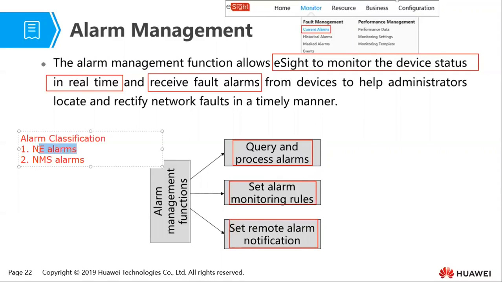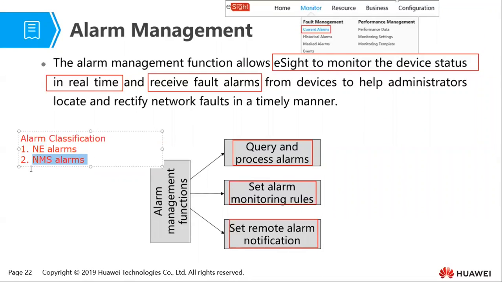NE or network element alarms are generated when the network elements become faulty. For example, a link goes down, or the CPU is almost at maximum capacity of its usage, and therefore you've set a threshold that you should be alerted when that happens. So when there's a problem with the network element, like the router and the switch, you get an NE alarm.